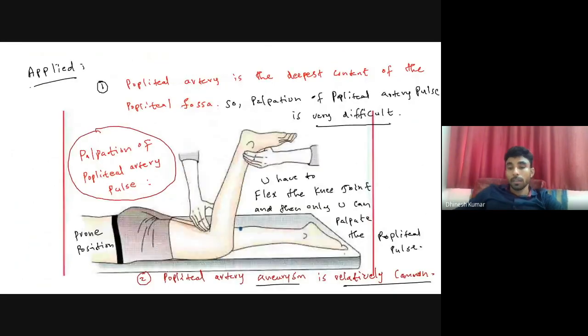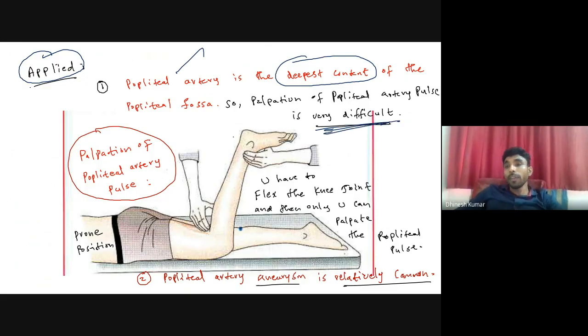Then the another possible sub-question for the popliteal artery is the applied aspect. Within the popliteal fossa, the popliteal artery is the deepest content, so palpation of the popliteal artery is very difficult. As you see in this image, to palpate it you have to flex the knee joint of the patient, and only then can you feel the pulsation.